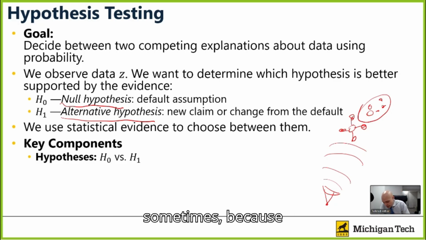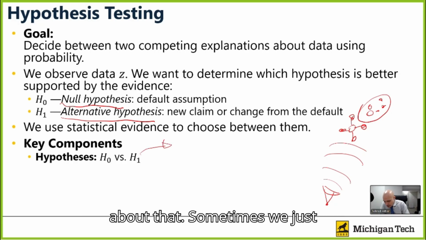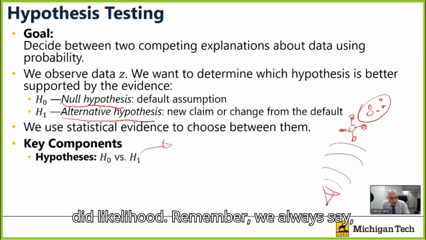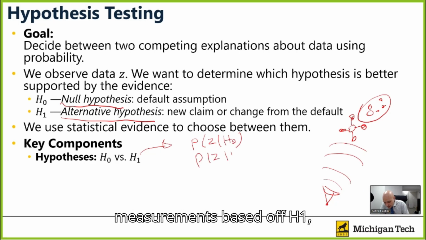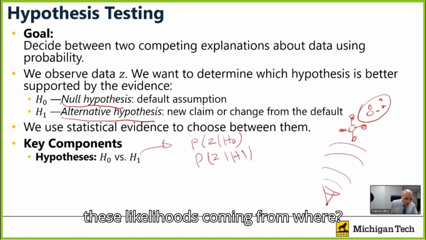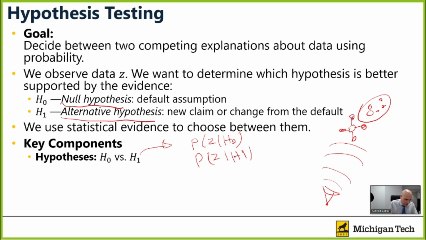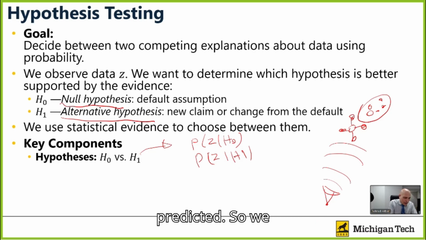Sometimes, because that's why I'm saying we already knew about that, we just did likelihood. Remember, we always say, okay, the likelihood of these measurements for H0 and the likelihood of these measurements based off H1. We can compute these likelihoods, and where do these likelihoods come from? Again, Bayes rule and the predicted values.